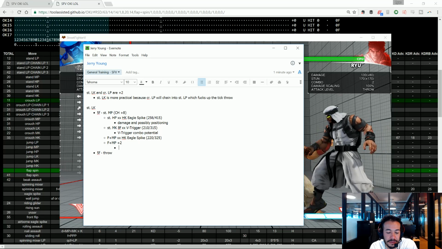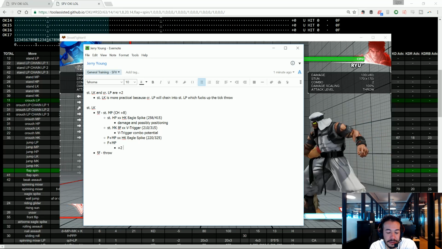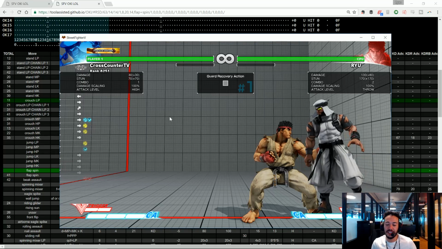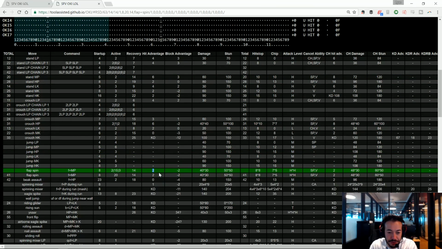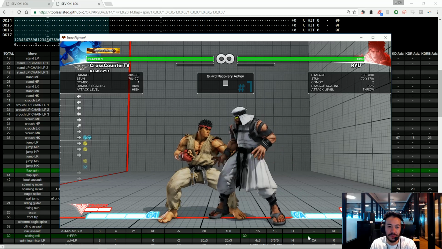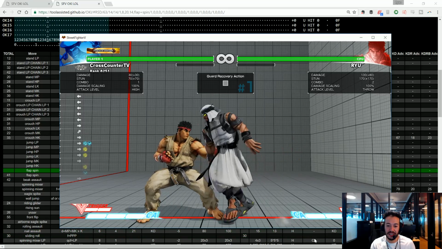It's +2. Forward medium punch is useful because it's +2 and you're still in range for a throw. So because this move is +2, it essentially puts you in the same situation again.